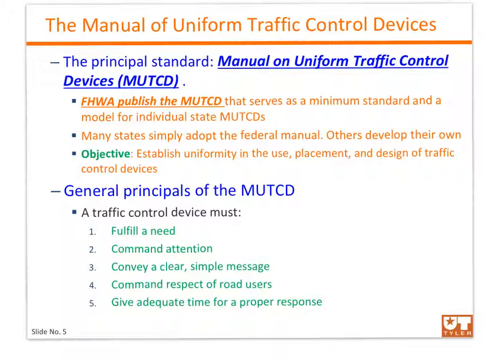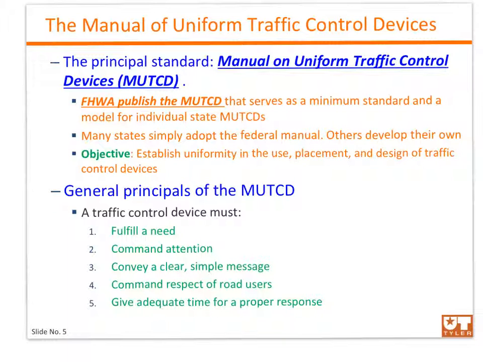The general principles for the MUTCD always indicate that a traffic control device has to satisfy several aspects. The very first one, it has to fulfill a need. So for example, a stop sign has to deliver the message that the driver has to stop once he or she reaches that intersection. It also has to command attention.